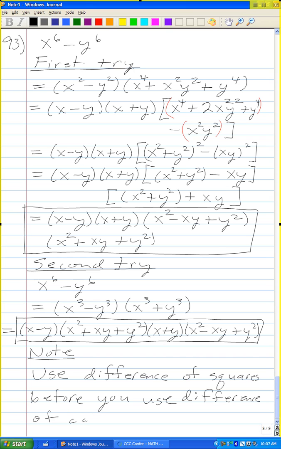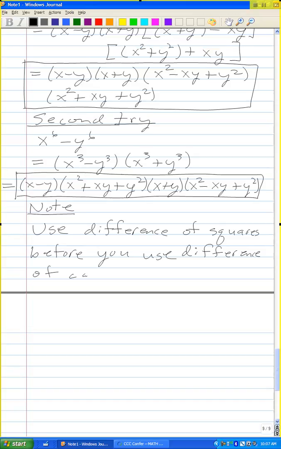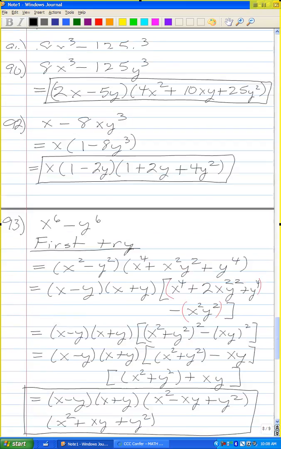If you do that, it turns out that it's just much easier to factor. If you do the even powers first, it'll be much easier than using the odd powers. So use formulas with the evens first if you've got a choice, and they'll usually make your life much easier. So that was 93.